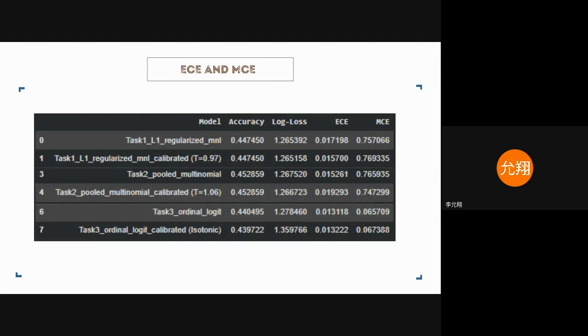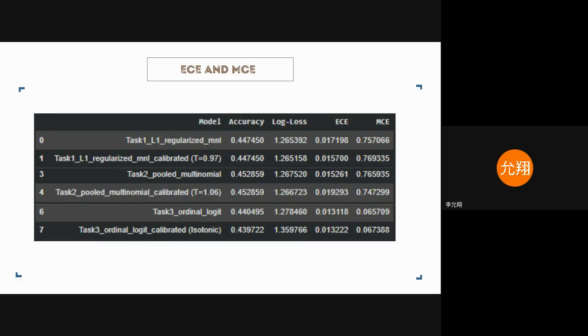So here are the ECE and MCE. This table compares the accuracy, log loss, expected calibration error and maximum calibration error before and after calibration. We can see that accuracy does not change after calibration, as expected, because calibration adjusts probability estimates, not class predictions.